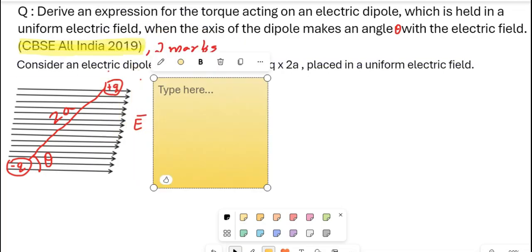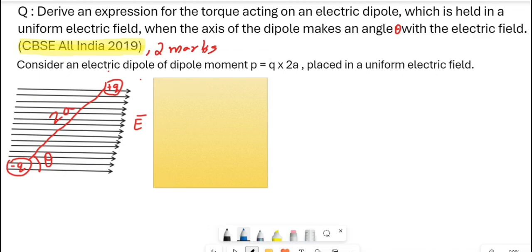What we do next is, we want to write how much force will be acting on the charge when it is placed in a uniform electric field. For that, we have to write one equation that we already know. That is, electric field is equal to force upon charge, E equals F by Q. Then do a cross multiplication. Then F is equal to QE.